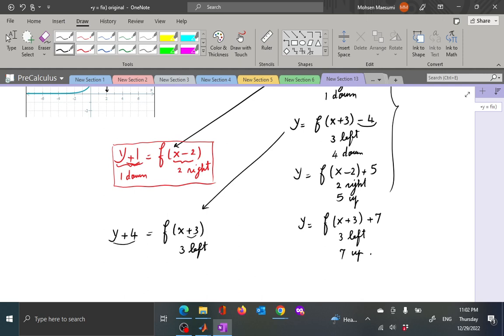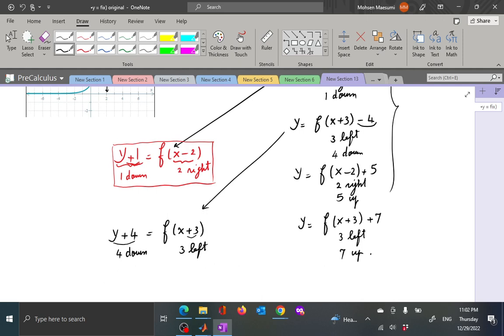Same way here, you're adding to y, it causes a movement opposite of this, which means 4 down. You notice x and y, we are treating both of them the same way, but the price we pay is that you have to modify your function slightly so that the modifier and the modified are right next to each other.